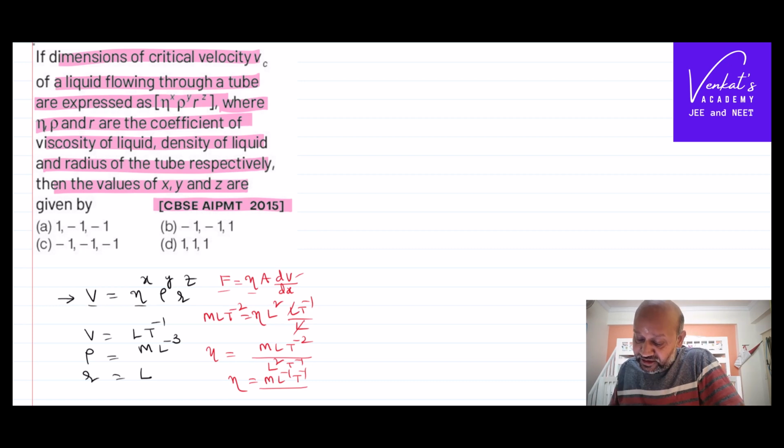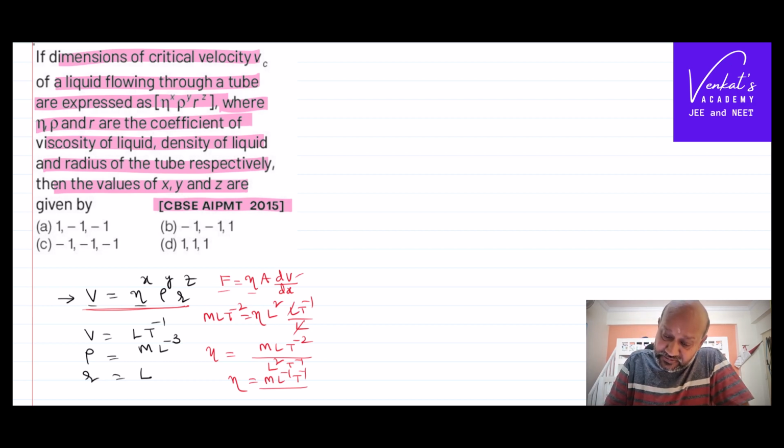Now, after getting the dimensions of all of them, let us substitute them in this formula that is given to you. It is given that velocity depends on eta power of x, density power of y, radius power of z. Let's write the dimensions of each of them.